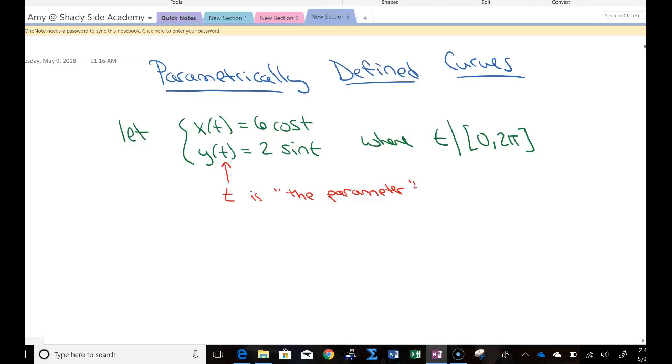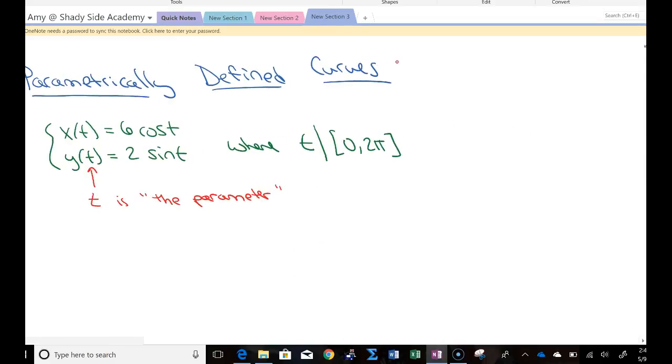Okay, the parameter. When you are looking at parametrically defined curves, what is the whole point of them? What does it allow you to do? What can you graph with these? Parametrically defined curves allow for the graphing of curves that are not what, Albert?